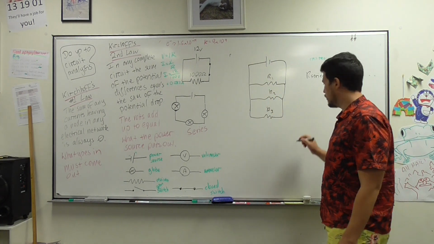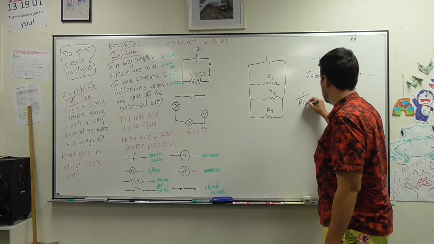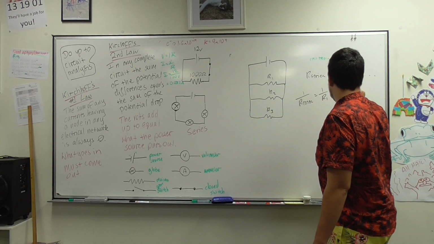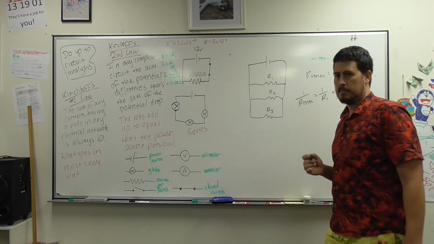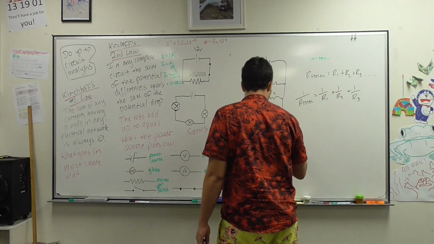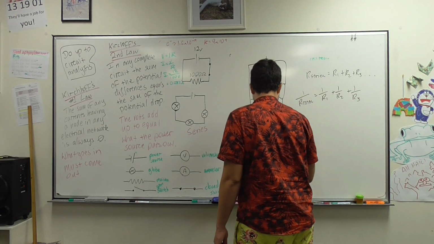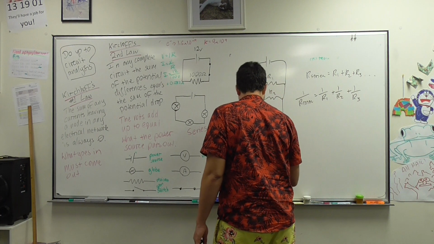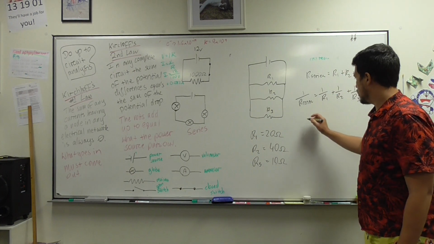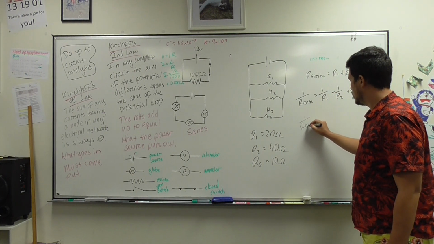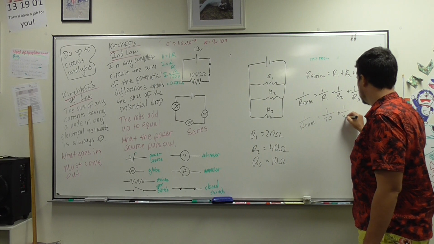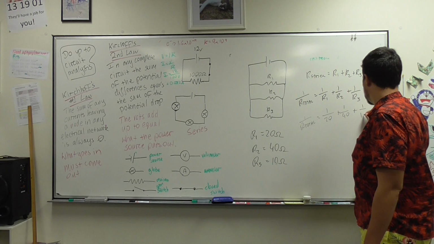In a parallel circuit, it's different: 1 on R total equals 1 on R1 plus 1 on R2 plus 1 on R3. So to work this out, let's say R1 is 20 ohms, R2 is equal to 40 ohms, R3 is equal to 10 ohms. So 1 on R total will equal 1 on 20 plus 1 on 40 plus 1 on 10.